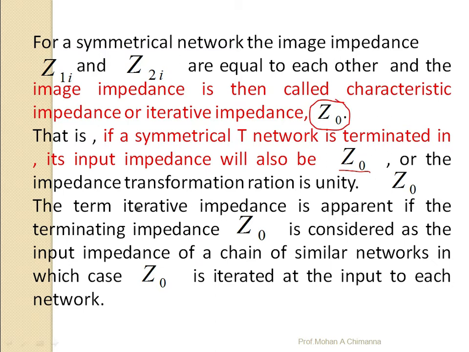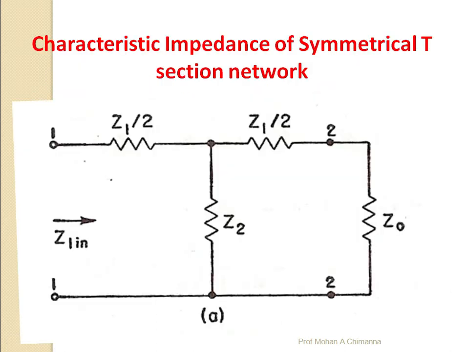If the symmetrical T network is terminated in Z0, the input impedance will also be Z0, or the impedance transformation ratio is unity. Then the term iterative impedance is apparent if the terminating impedance Z0 is considered as the input impedance of the chain. So here, the characteristic impedance of the symmetrical pi network.